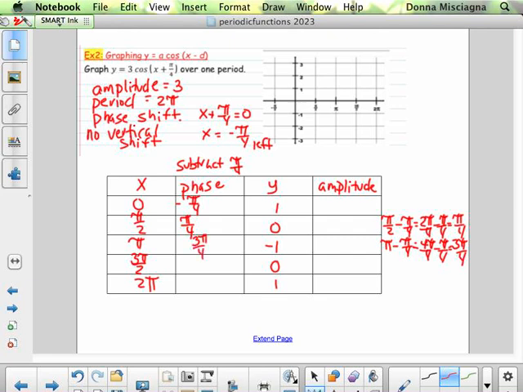And then 3 pi halves minus pi fourths. All right, we'll change the 3 pi halves. That's going to be 6 pi fourths. So 6 pi fourths minus pi fourths is 5 pi fourths. And then 2 pi minus pi fourths. So that would be 8 pi fourths minus pi fourths. That would be 7 pi fourths.